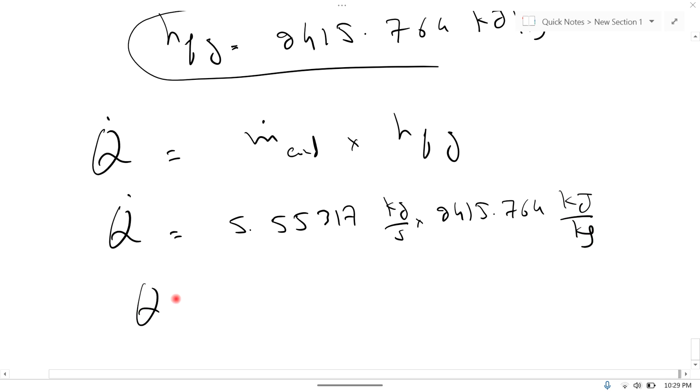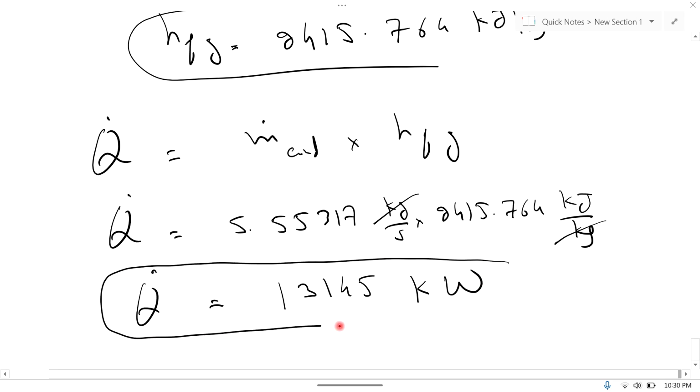So Q dot, multiply these two values, which is equal to 13145 kilojoule per second, and kilojoule per second is equal to kilowatt. So this is heat rejected.